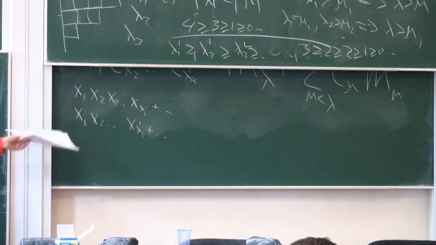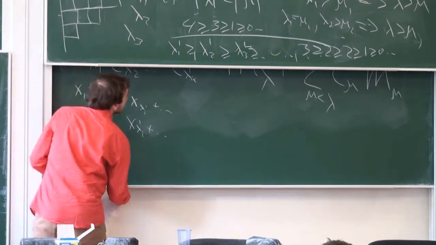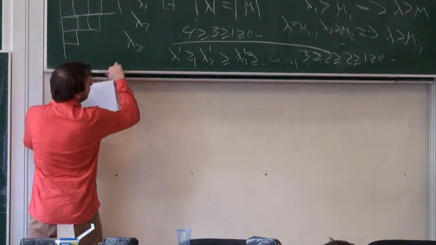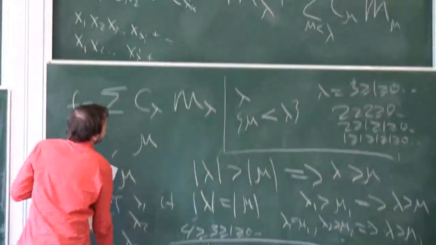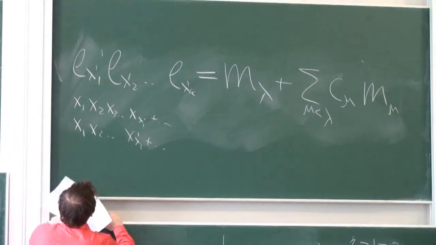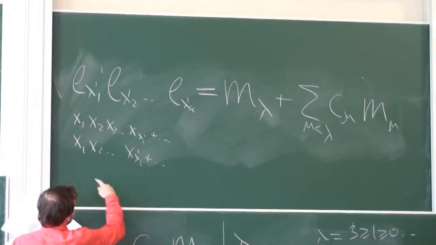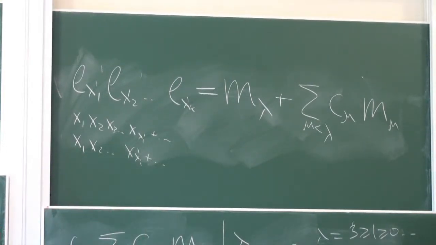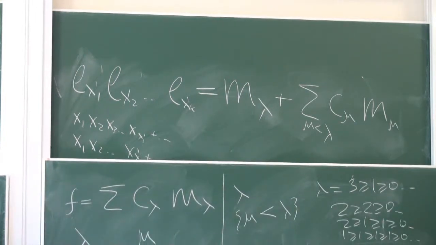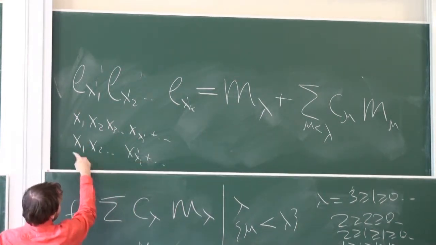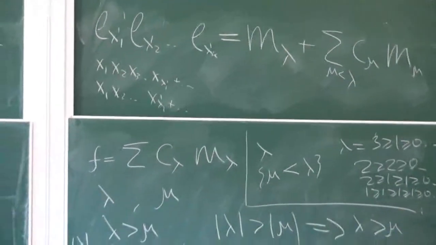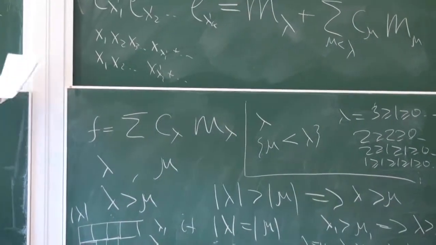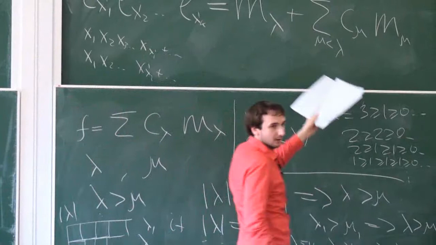Then when you multiply such things, you can see that you are basically just building your Young diagrams out of columns. So this gives you the first column, this gives you the second column, and so on. So from this formula, just opening the brackets, you see this.